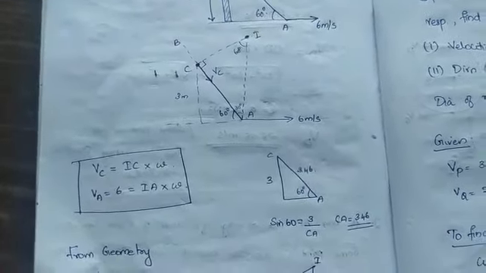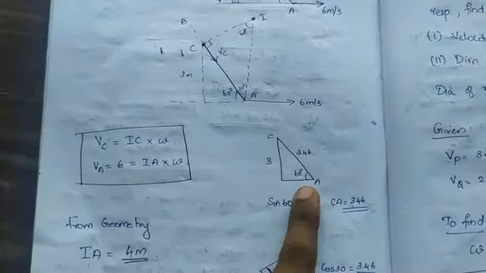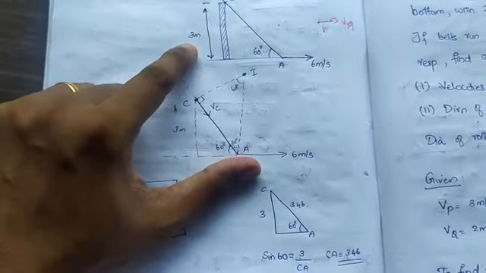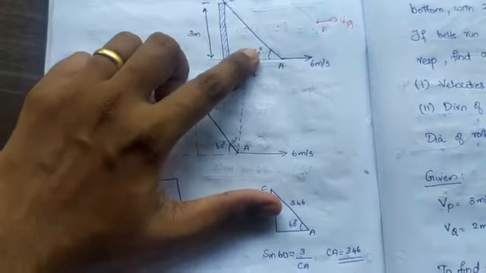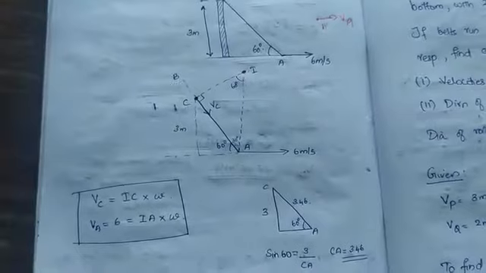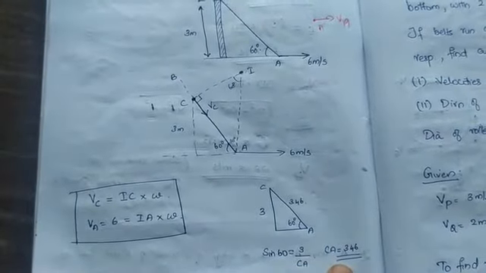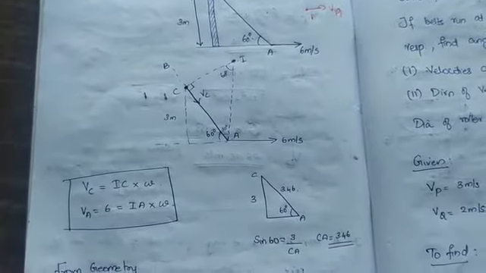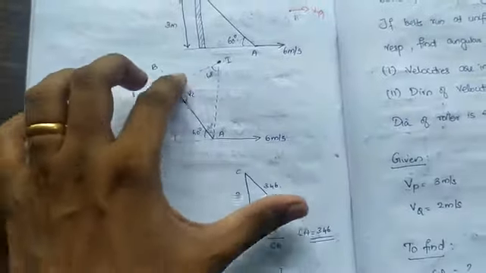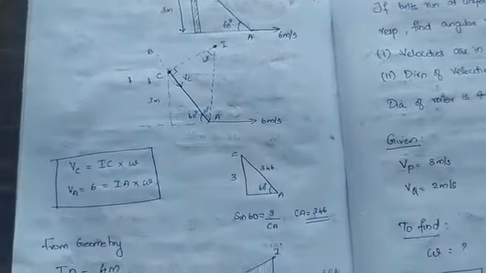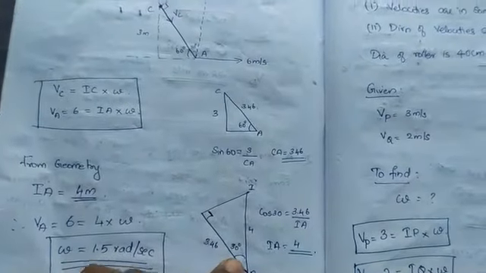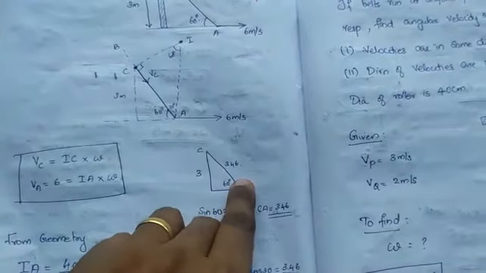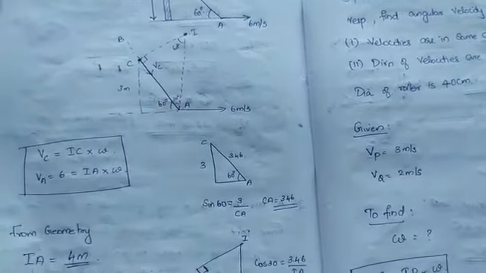Now from geometry, you can see the distance. Here they have given 3 meter and this angle as 60 degree. So sin 60 is 3 by CA, and you get CA as 3.46. Now take the next triangle. 3.46 is this side. This angle is 60, so the rest of the angle will be 30 degree, right?